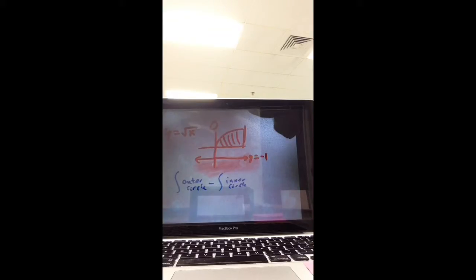Now, what would be my radius for my outer circle? And understand that it will look like this. Because if I'm not hollowing out the inside, then I would have a solid that would look like that.